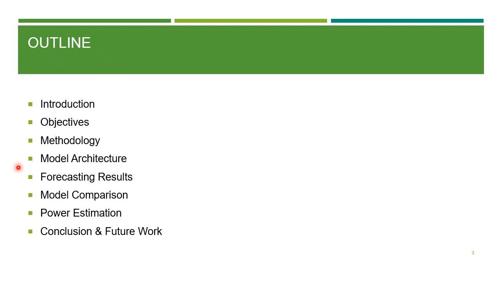We'll also analyze the results of the LSTM forecast and compare these results with other standard models. We will then discuss how we converted this forecasted wind speed into wind power, because that's the end goal, to estimate how much wind power we can get from the forecasted wind speed. And then we'll wrap up with conclusions and possible future works.